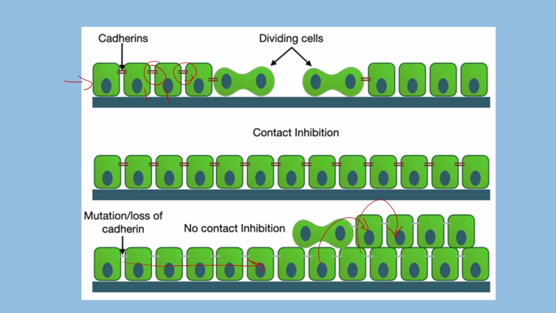E-cadherin usually exists in the epithelial cells and causes the lining formation of the epithelium. So when we do not have E-cadherin, we do not have linear formation of epithelial cells, and as a result they accumulate on top of each other as a stack.